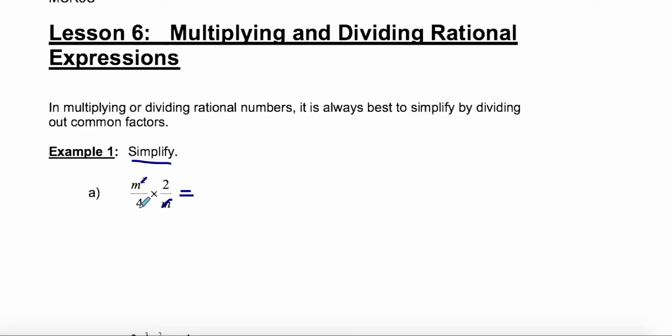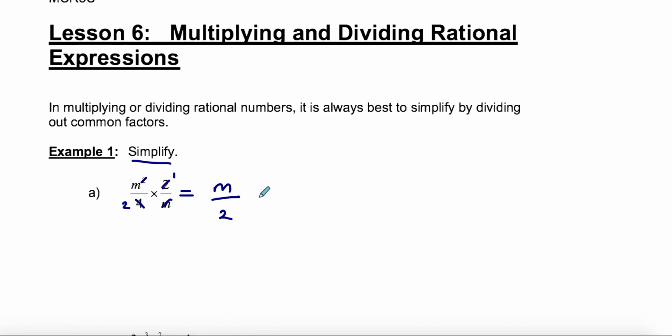As well, 2/4, that's the same thing as 1/2. So I might be left with 1/2. I don't know if that makes sense for you. I like to just kind of cancel it as much as I can. What I'm left with is m over 2 because everything else would cancel out.